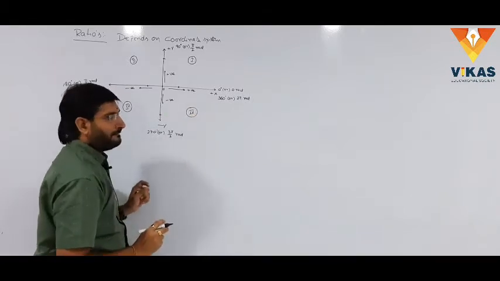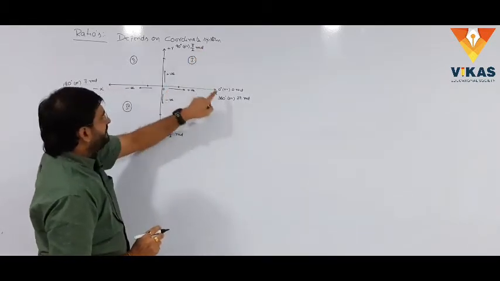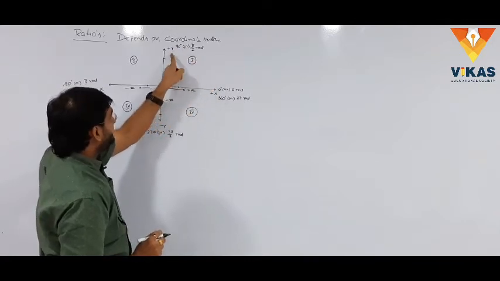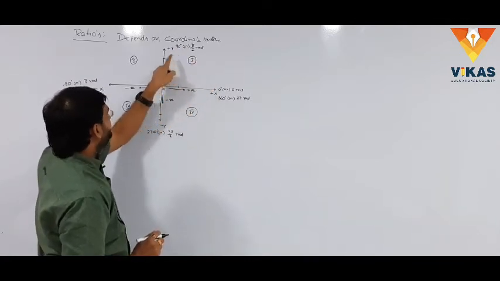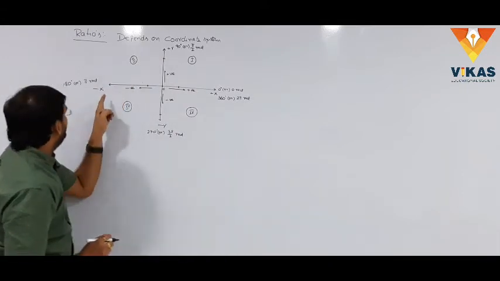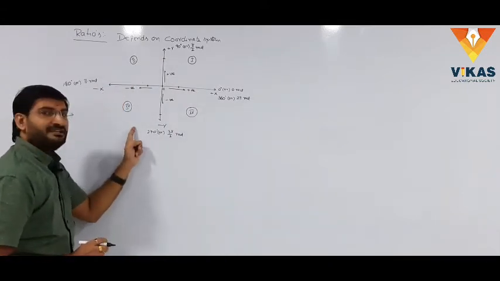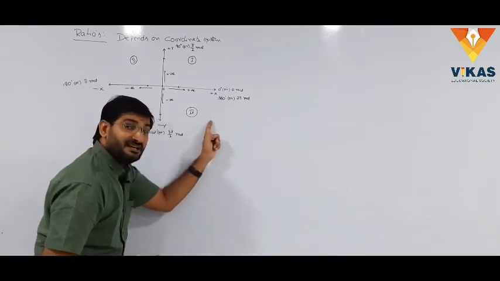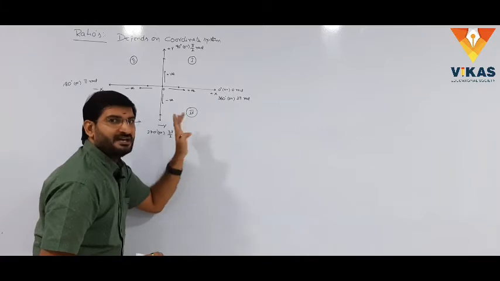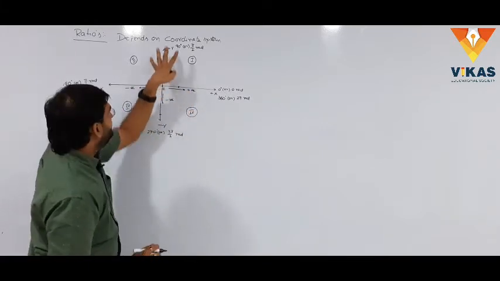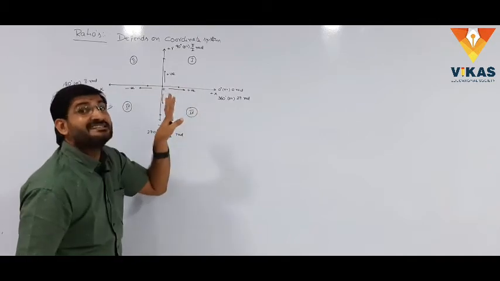Remember students, 0 to 90 degrees is the first quadrant, 90 to 180 degrees is the second quadrant, 180 to 270 is the third quadrant, 270 to 360 is the fourth quadrant. These are the quadrants we mentioned in the geometrical approach. This is the coordinate system.